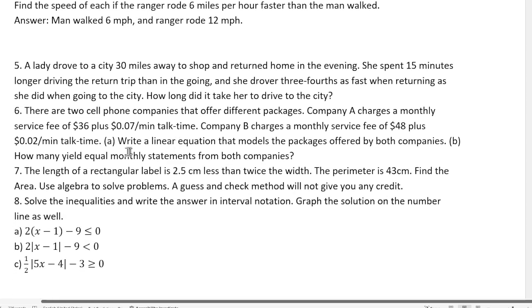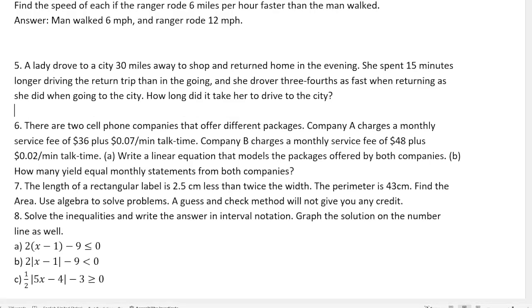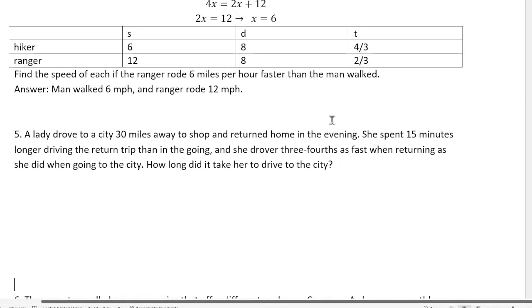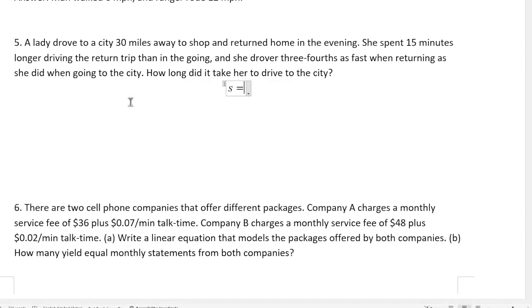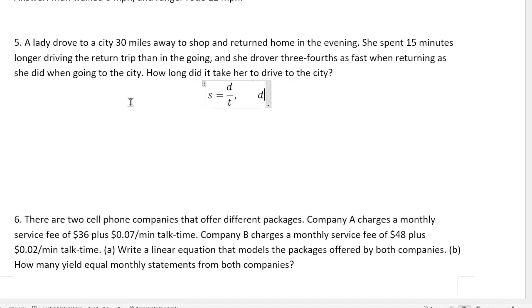Okay, another, number 5, another distance speed problem. Let's start with the obvious formulas. Speed is distance over time. Distance is speed times time. And time is distance over speed.